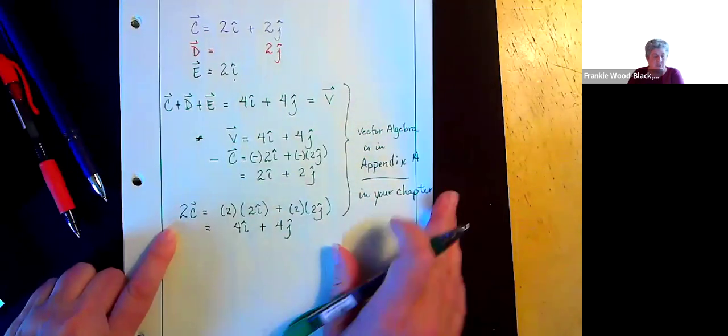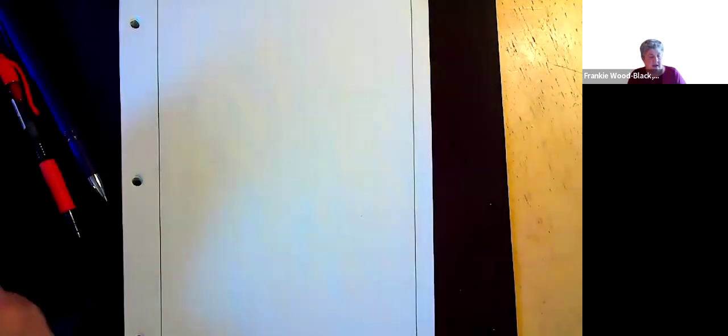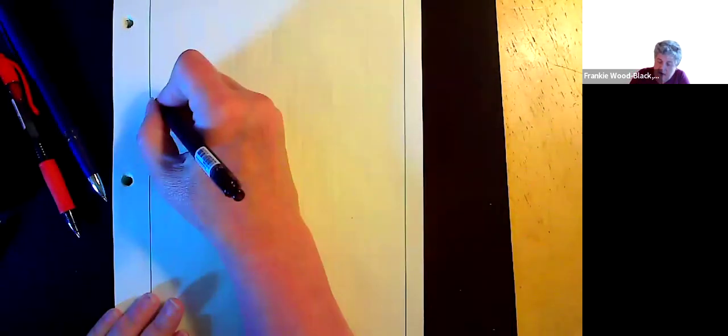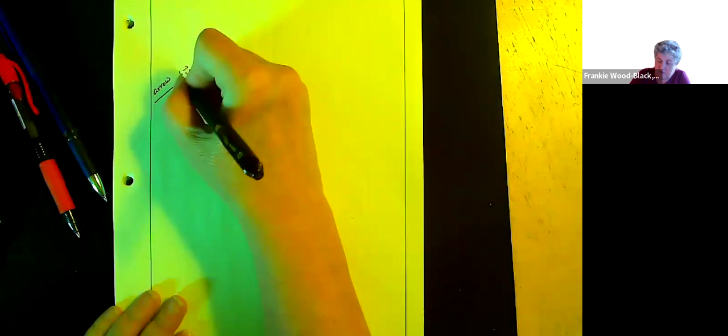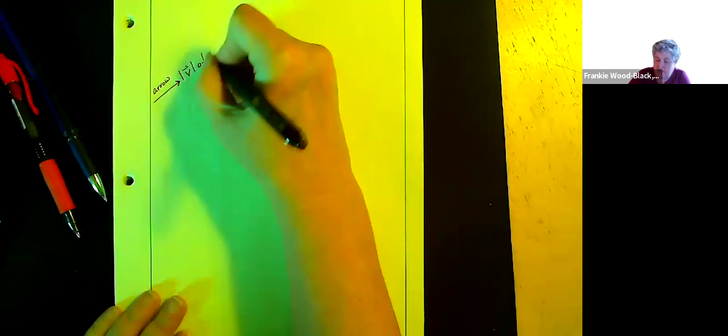And the reason we do all of that is because I'm going to shoot an arrow. So this is an arrow. And I'm going to tell you that it has a velocity of magnitude 3 meters per second.